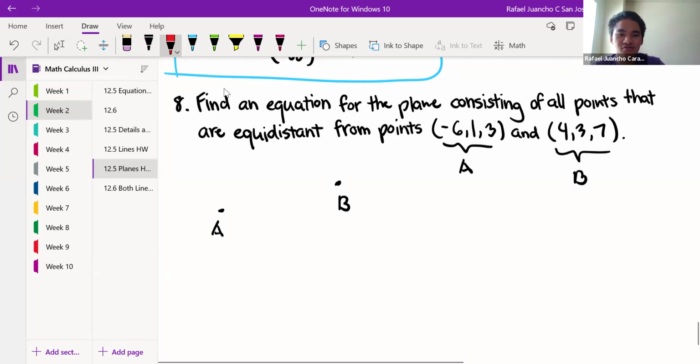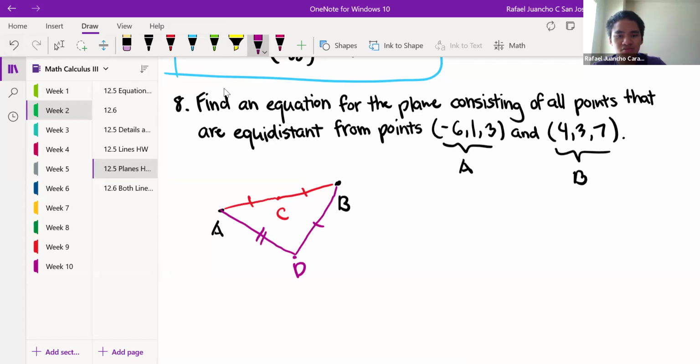Well, I have some point C here, and the distance from A to C is the same as C to B. So I'm saying this is equal to this. Or I could have some point D, and this is equal to this, right?